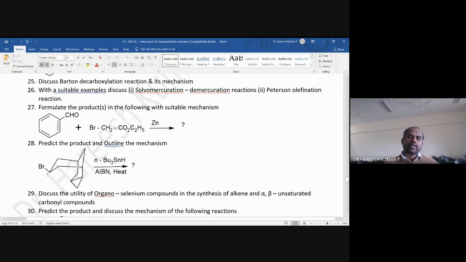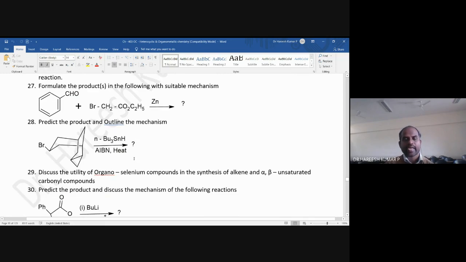This radical again reacts with one more equivalent of tributyl tin hydride and forming a H. Replacement of this Br with H is the product. And then again organoselenium compounds is there.